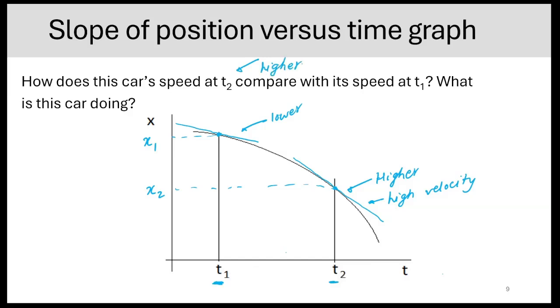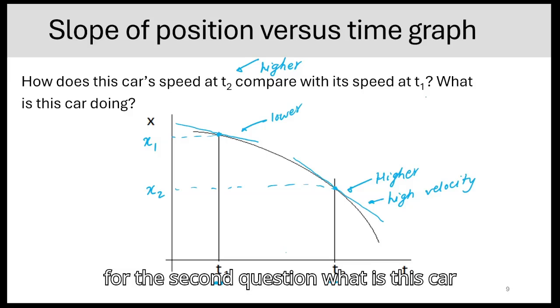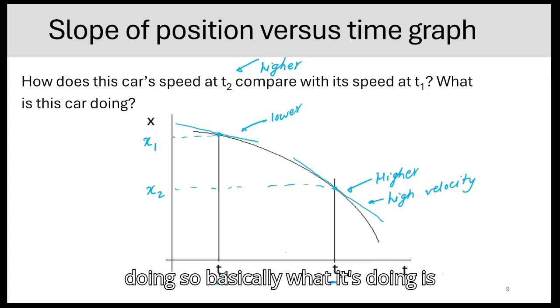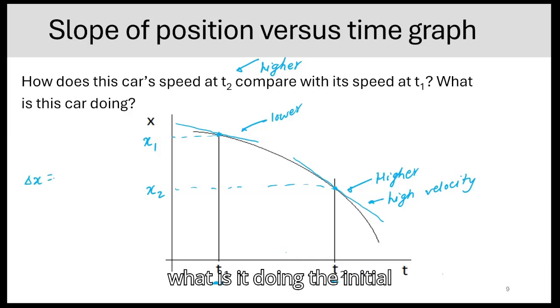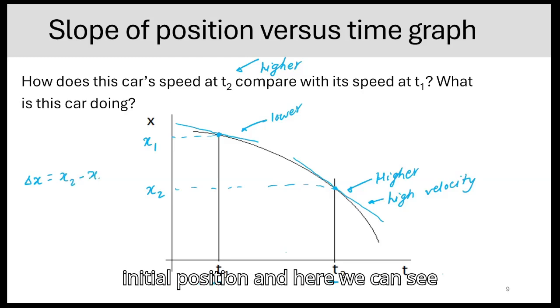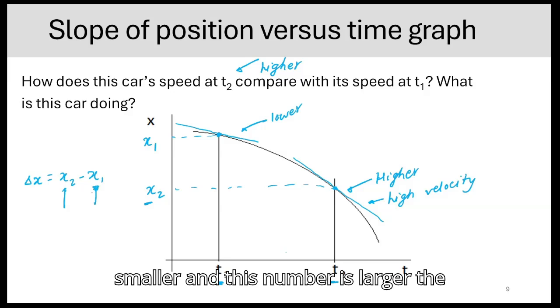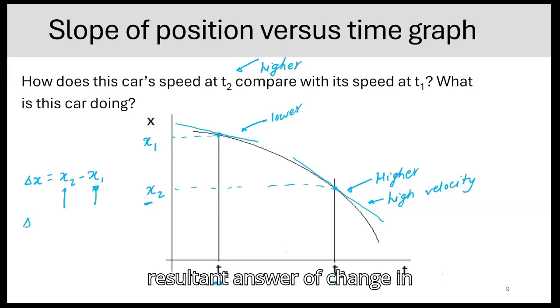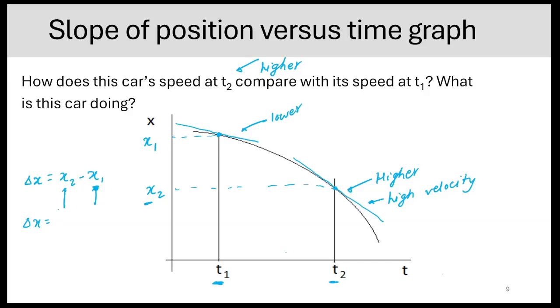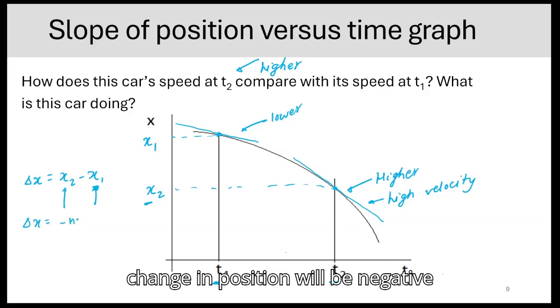And for the second question, what is this car doing? The initial position, final position minus initial position, and here we can see x2 is smaller and x1 is larger. So if this number is smaller and this number is larger, the resultant answer of change in position will be negative.